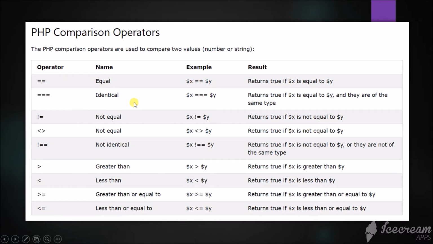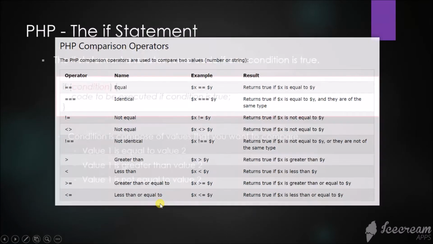We have the identical, which tries to compare the value of two variables and also their data type. Then we have the not equal, the not identical, the greater than, the less than, the greater than or equal to, and the less than or equal to. Okay?